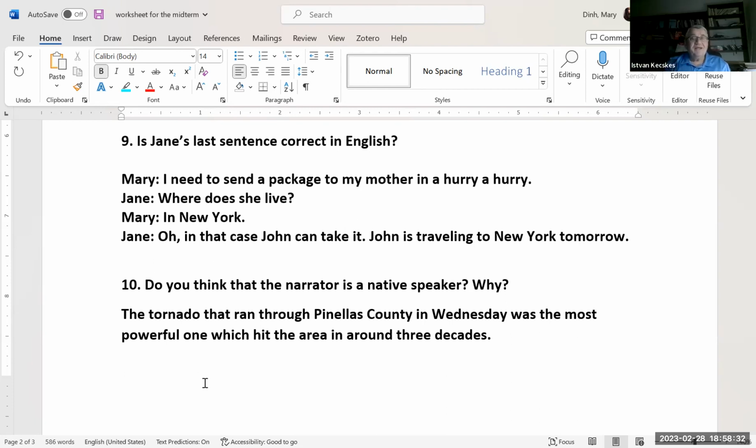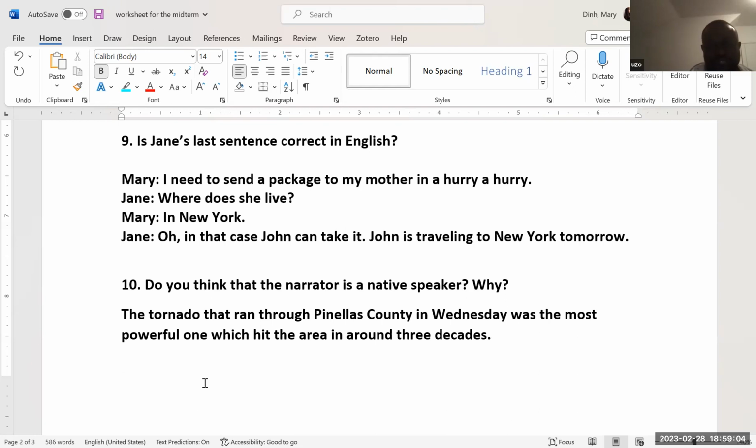Is there anything wrong with that expression? I don't see anything wrong in the expression because there's a conversation going on here and it's within a context. So when Jane says John can take it, it's about a package that both the discussants are already aware of.